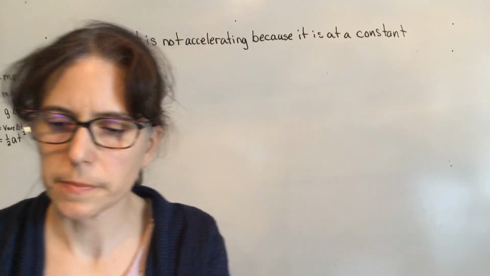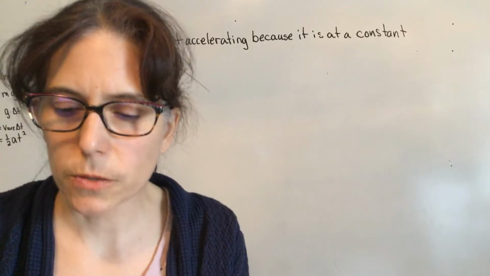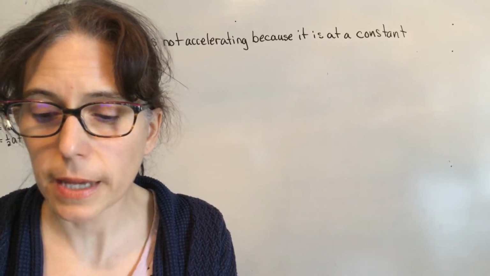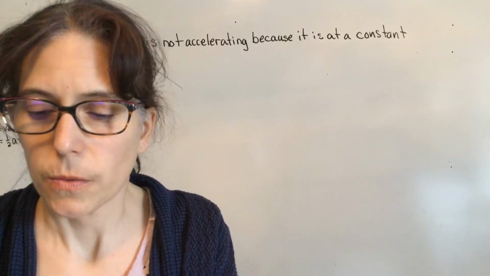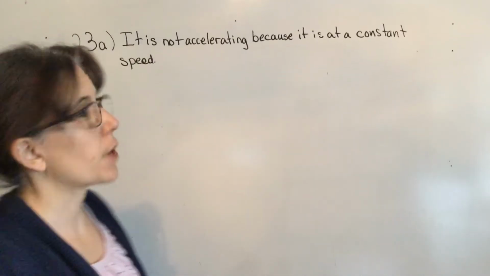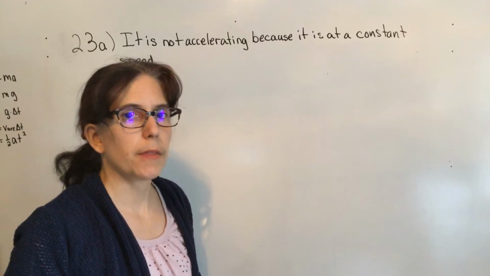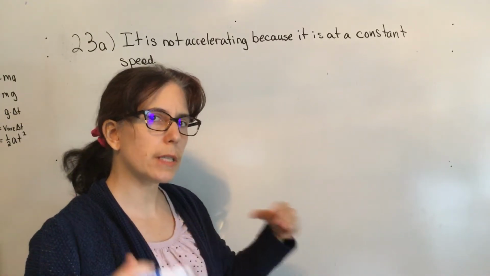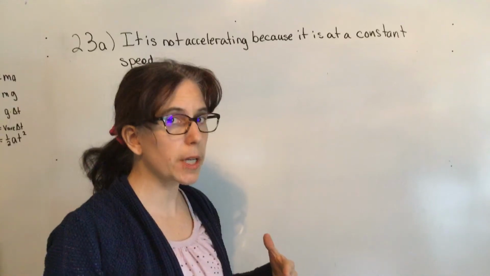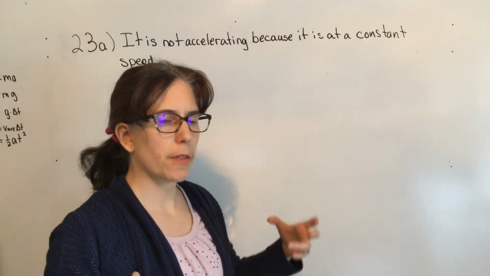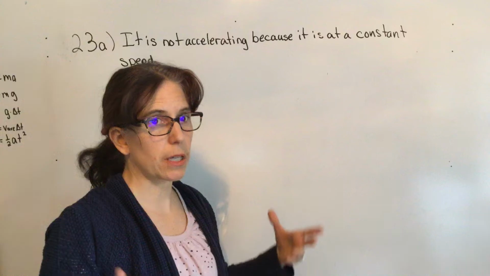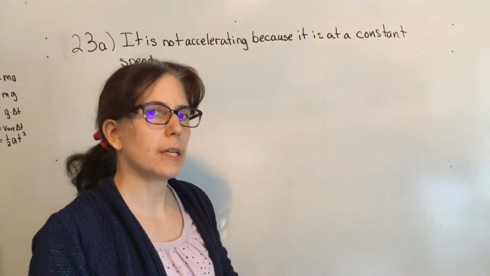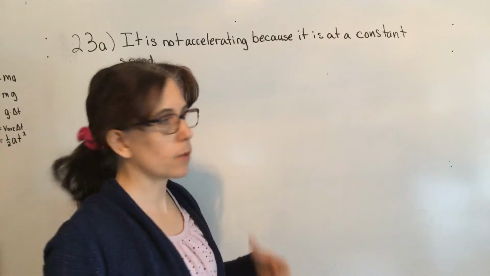All right. The next question says, what can you say about the net force acting on the elevator? Well, we know from Newton's first law that every force has an opposite but equal force, and when those forces are in equilibrium, the force is actually 0. The sum of the forces is 0. There's no net force, so the object is in equilibrium.